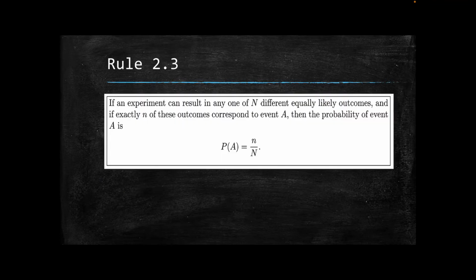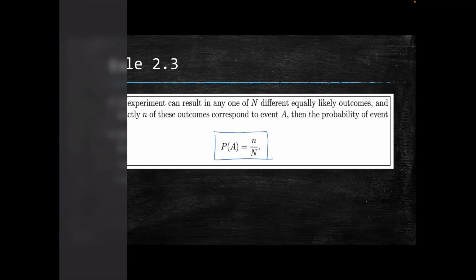Now, let's see rule 2.3, where P(A) equals n over N, where small n represents the number of outcomes in the event, and N is the total number of outcomes of an experiment, called the sample space.